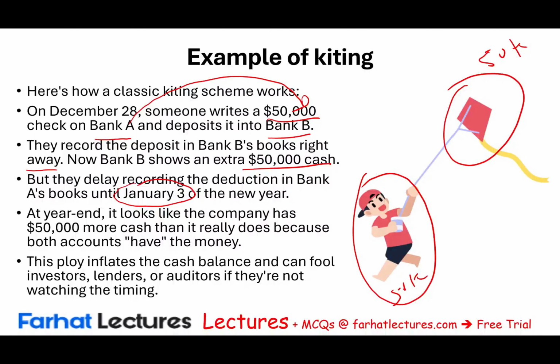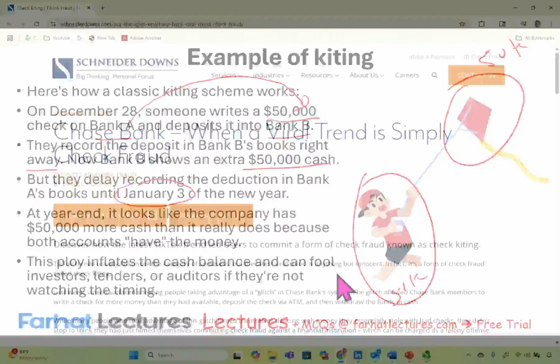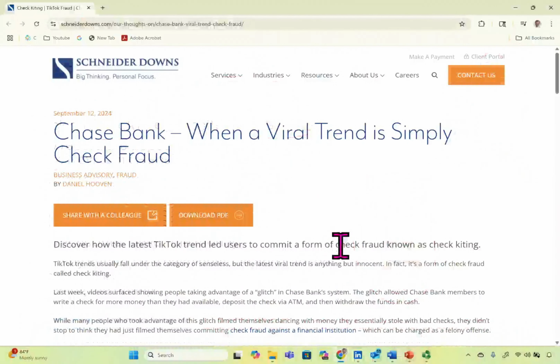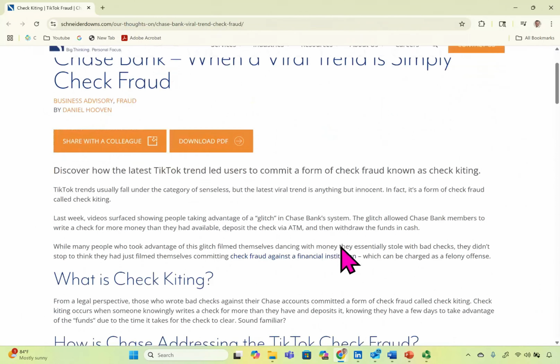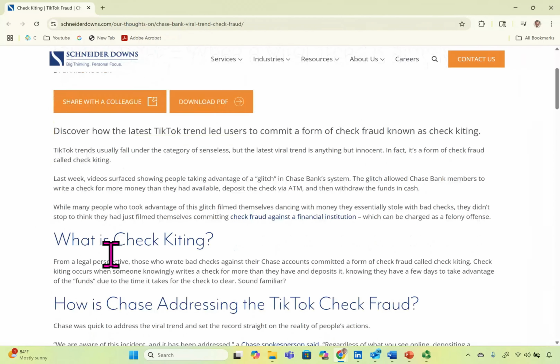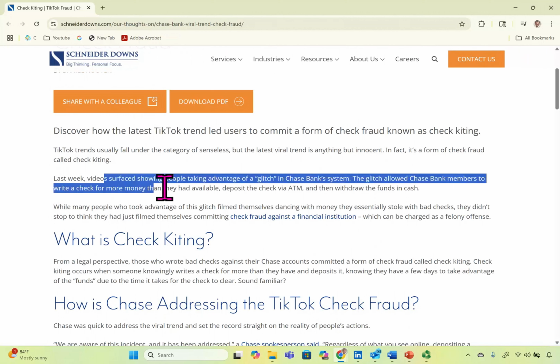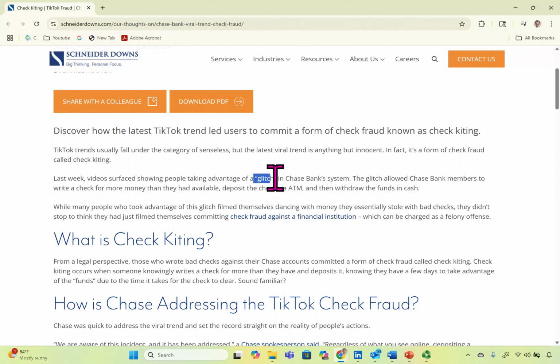Does this happen in the real world? Yes, it does. This is a recent case similar to check kiting. It is a form of check kiting, basically having the money in more than one place. So this was on TikTok last week. A video surfaced showing people taking advantage of a glitch in Chase Bank's system. It's a glitch, nevertheless. The substance is the same.